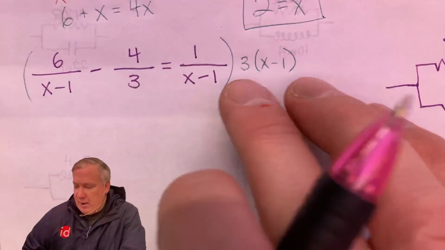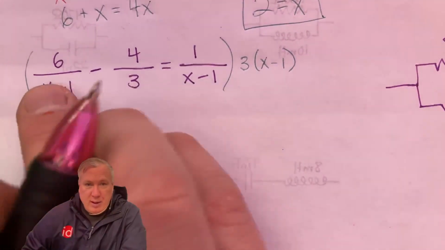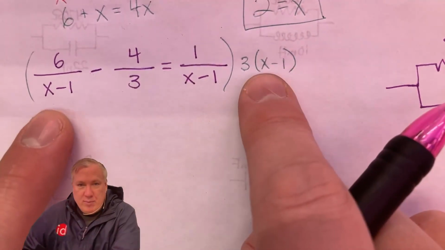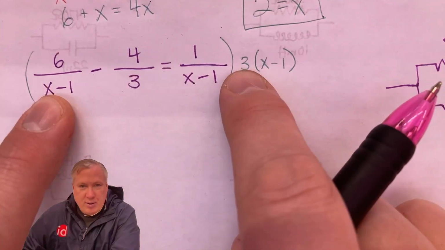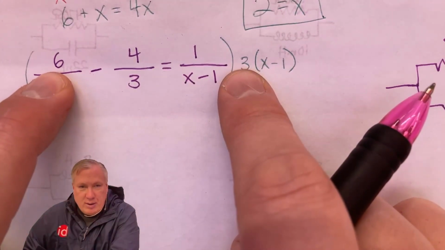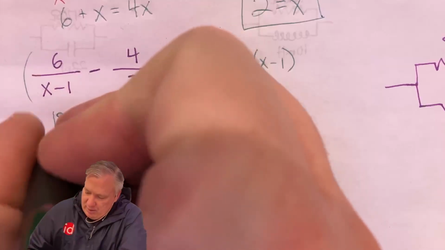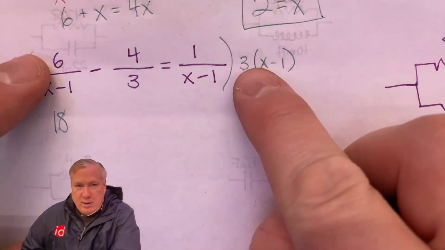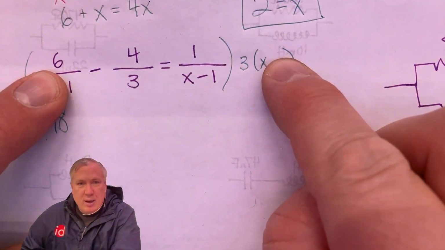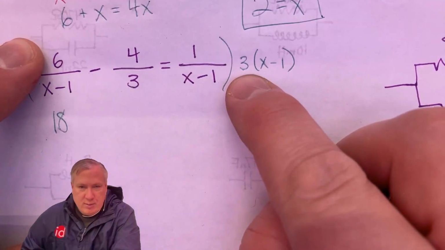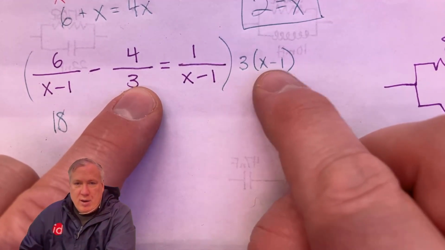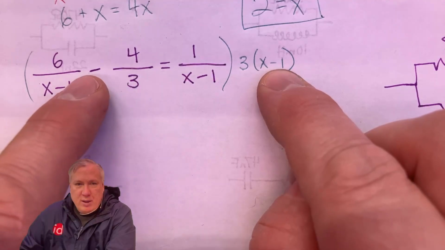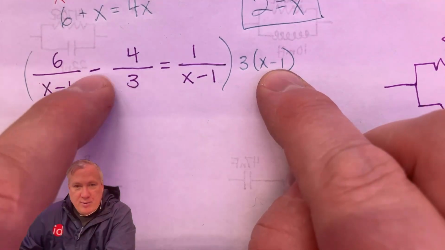So if I multiply this by this, what will cancel between these two things? The x minus 1. Which means what will be remaining is the 3, and 3 times 6 is 18. So let me say that again. When I multiplied these two, the x minus 1s went away, and all I had left was 3 times 6. Okay, when I multiply these ones, the 3 is going to go away, and all that's left now is x minus 1 times, and this is key, there's a minus there, times minus 4.